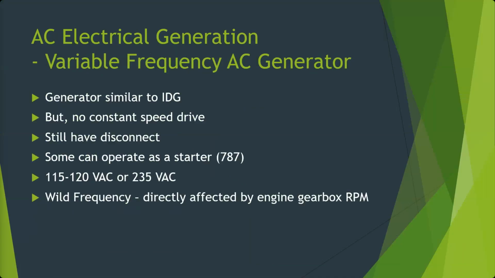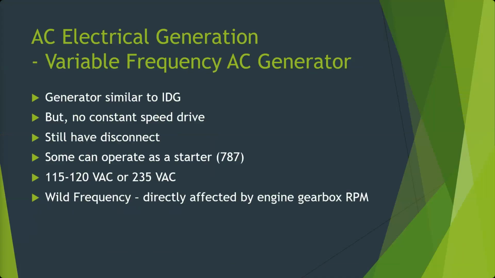Okay. But now we're going to move on to variable frequency AC. These are similar to our IDG in terms of the generator being similar, but a variable frequency AC generator doesn't have a constant speed drive. This is what some of your newer aircraft have gone to, as I mentioned in the first discussion we had.